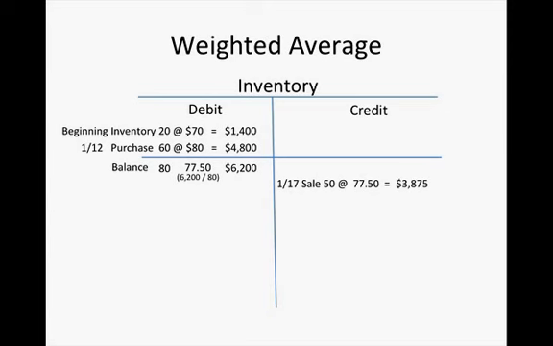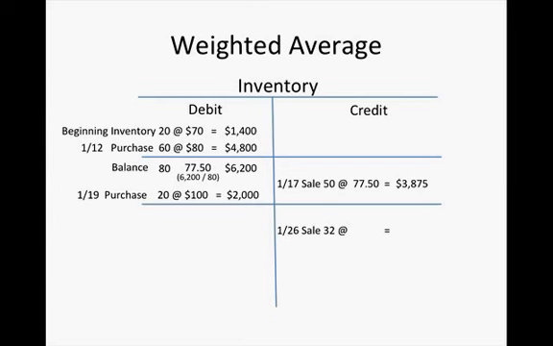Now you can record the next transaction, which is the January 19th purchase, again a debit. Next is the January 26th sale of 32 units. Again, leave enough room to calculate a new subtotal in the debit column. Draw a line to indicate the subtotal.